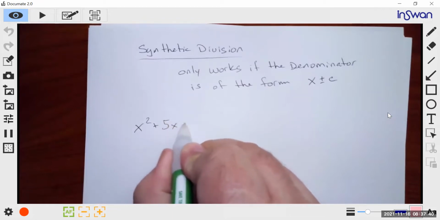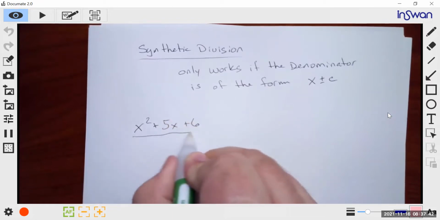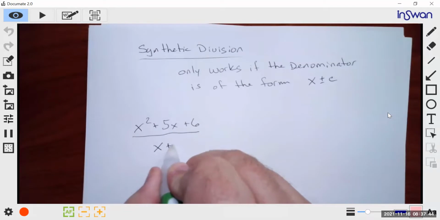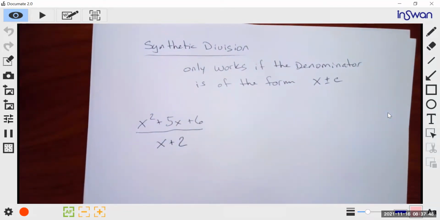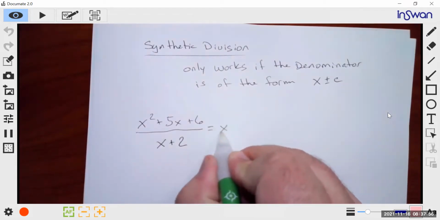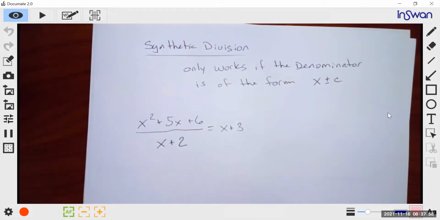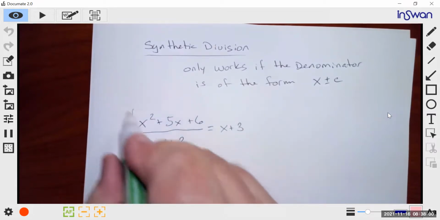Our first example we did was this, and it equaled x plus 3. That's the first one we did.